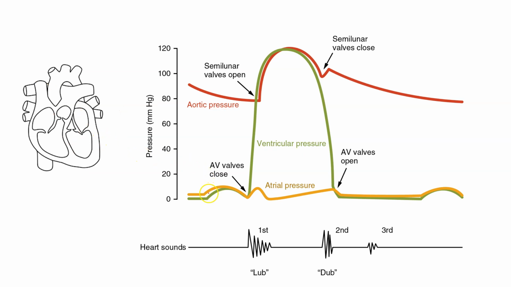Then we have a short little bump in the pressures, and we get that bump because of the contraction of the atria. The atria contract and push that blood into the ventricle. So that's why we get this momentary increase in pressure, because this is momentarily squeezing the atria.